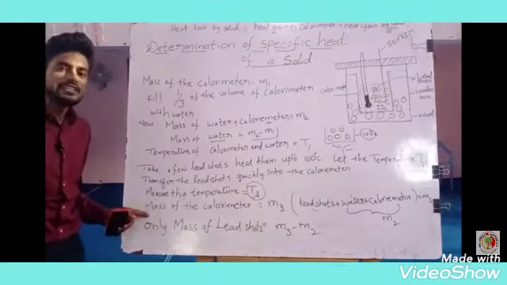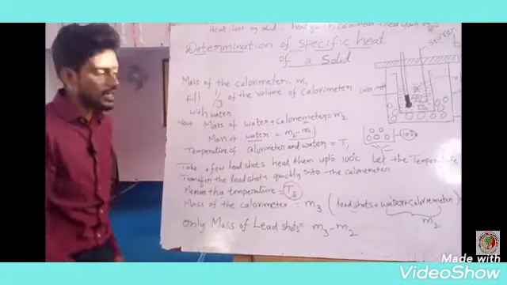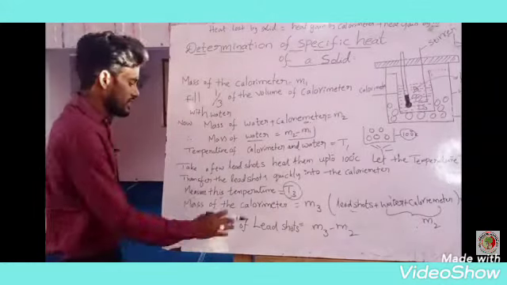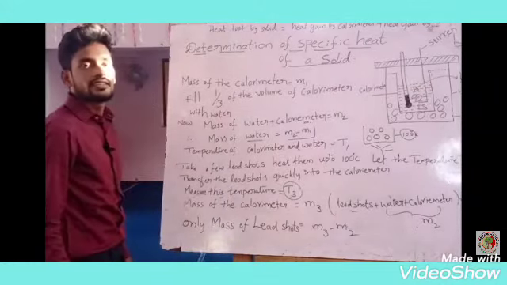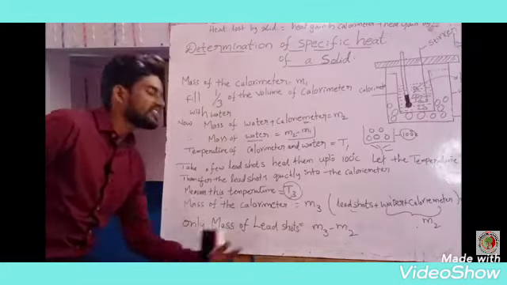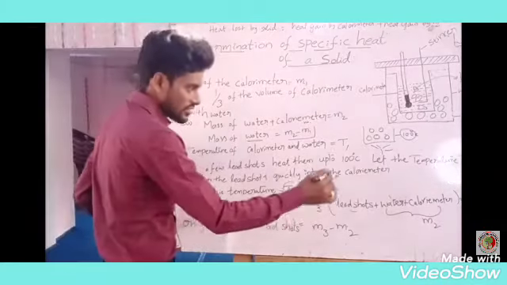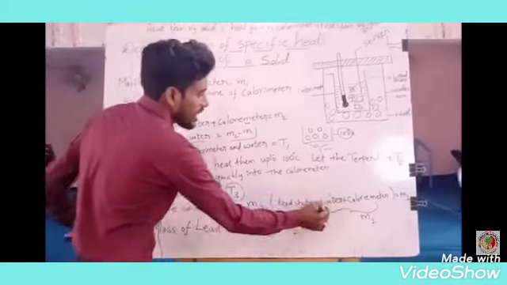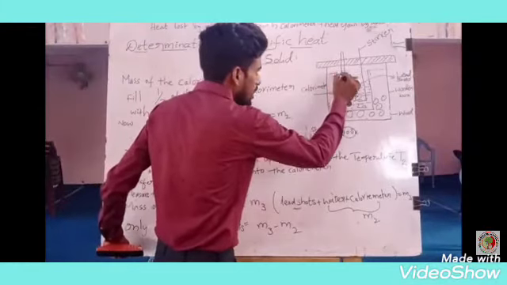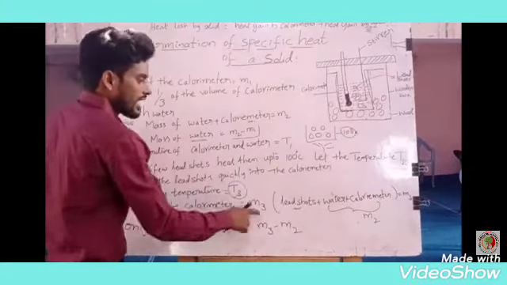Now if you would like to calculate, mass of the calorimeter equal to M3. Now see, only mass of the lead shots. Lead shot plus water plus calorimeter equal to M3, because total calorimeter mass is M3.